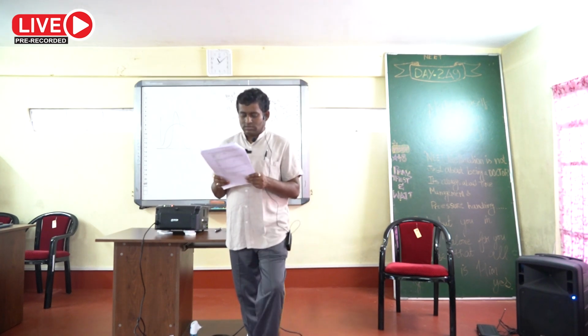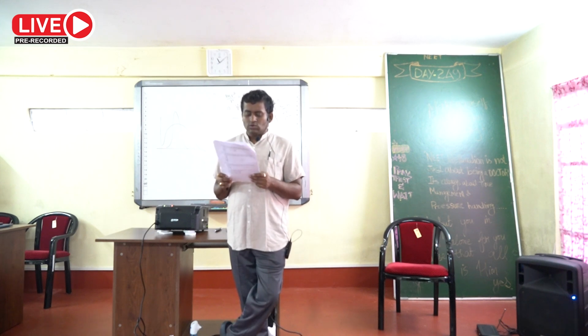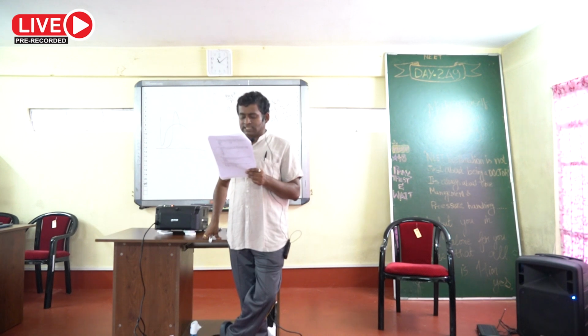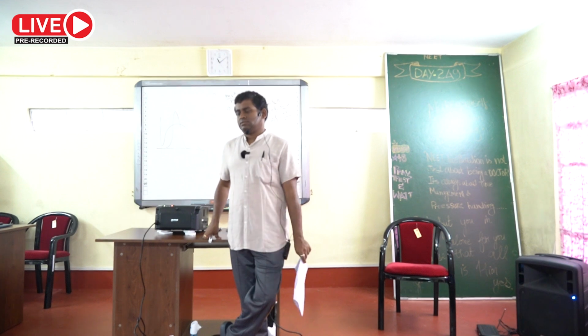Now, question 32. The potential differences across the resistance, capacitance and inductance are 80 volt, 40 volt and 100 volt respectively in an LCR circuit. The power factor of this circuit. Power factor means cos phi.